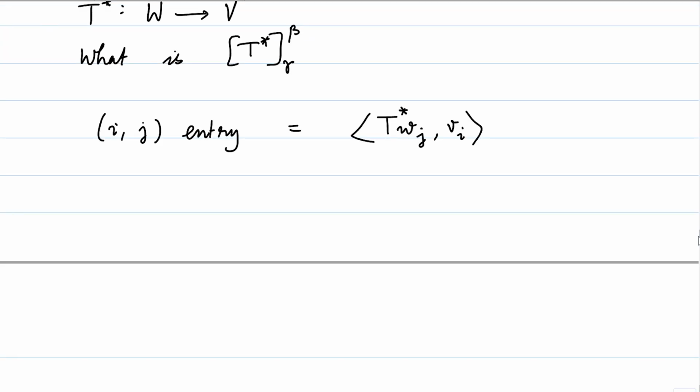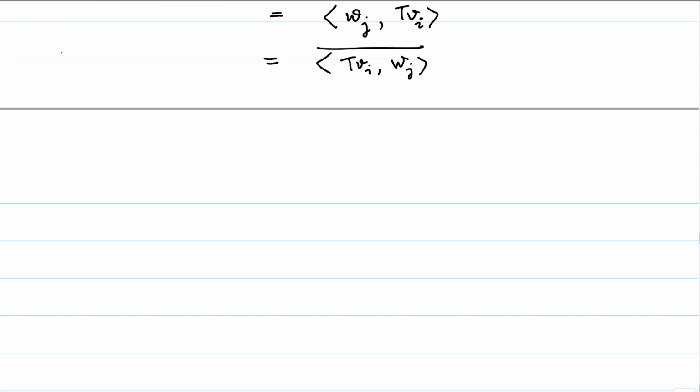But what is the inner product of T star wj with vi? By the definition of the adjoint, this is the inner product of wj with Tvi, and by the properties of the inner product, this is going to be the conjugate of the inner product of Tvi with wj. So this is the ijth entry of [T star] gamma beta.